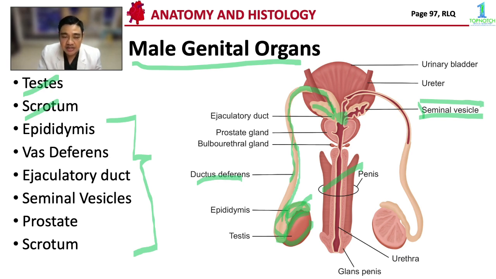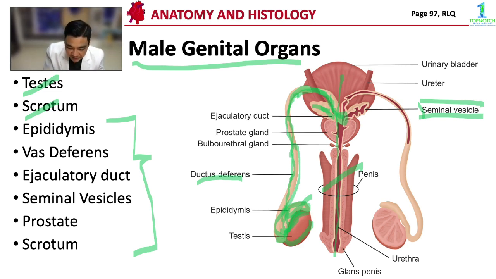Sa ejaculatory duct nag-differentiate kung ano ang dadaan sa penis ng lalaki: kung ihi ba na coming from the bladder, or sperm coming from the testis, epididymis, vas deferens, combined with the seminal vesicle, finally to your ejaculatory duct.